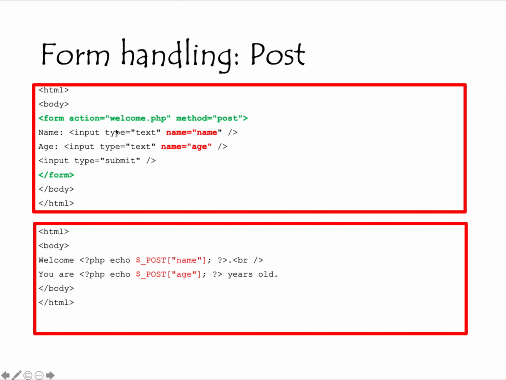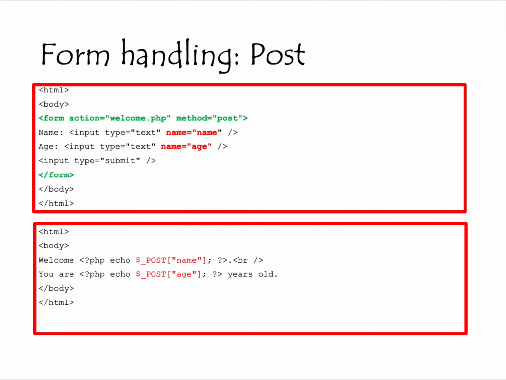Using these two inputs with the type equals to text, we can create two text boxes, and the web user can enter the name and the age in these text boxes. After you click this button, this will be sent to the other PHP page.